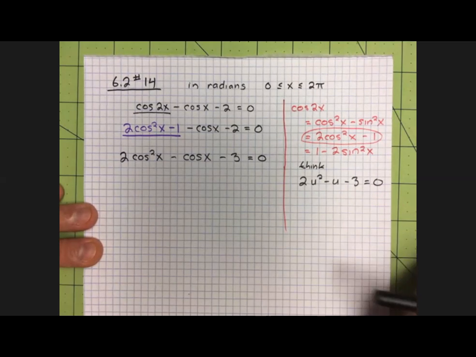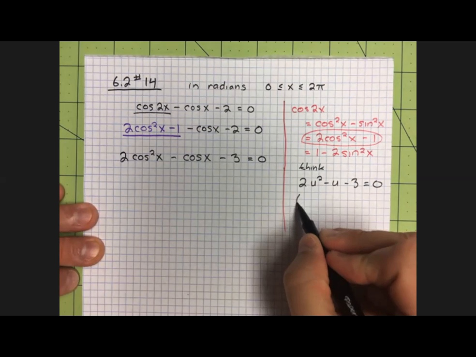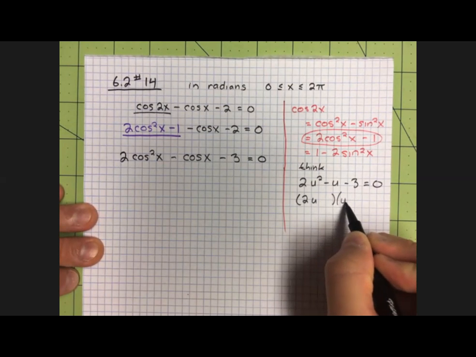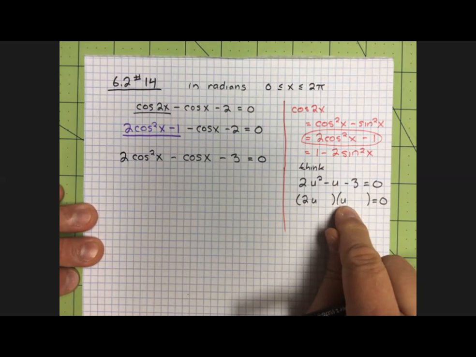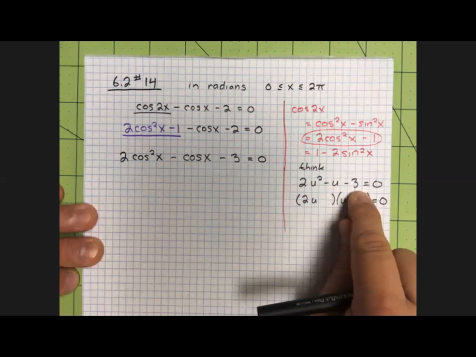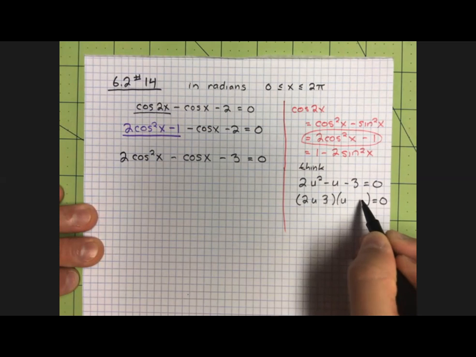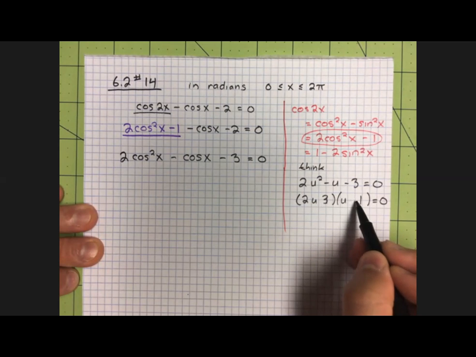Factoring is always faster than the quadratic formula. So let's see if we can factor that. Maybe 2u times u gives me the 2u squared. And 3 can only be made 1 times 3. But I think I need to put the 3 there and the 1 there. I want a negative 3, so one of these has got to be negative.